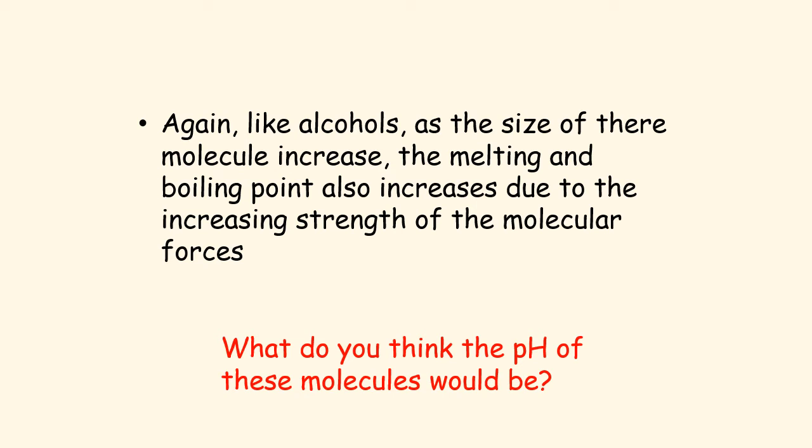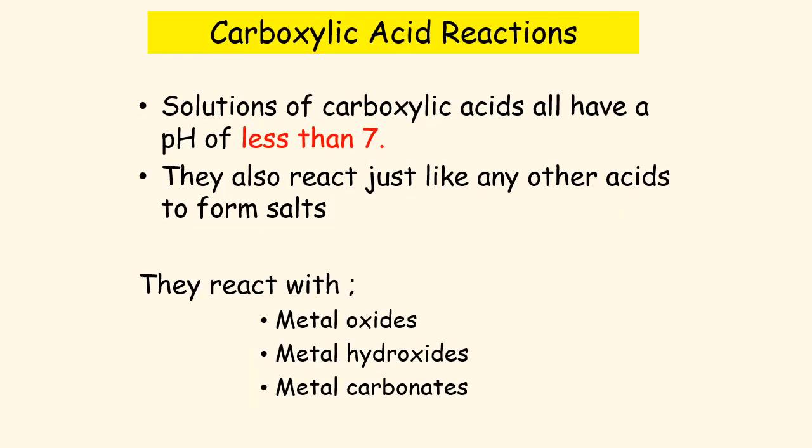Now, they are carboxylic acids. So what do you think the pH of these molecules would be? Well, carboxylic acids are acids. So they have a pH of less than 7.